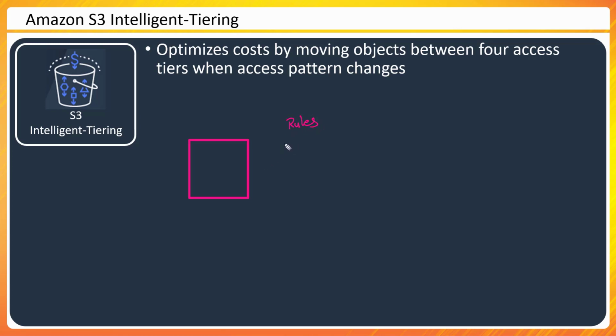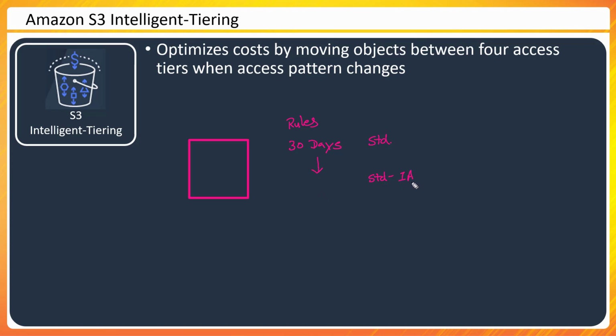The rule says that as soon as the data is created, keep that data in S3 Standard for 30 days, and we can automate this process. As soon as 30 days finish, transfer this data to maybe Standard Infrequent Access. Your HR worked on the resume, it is no longer needed, but it still has to be stored.